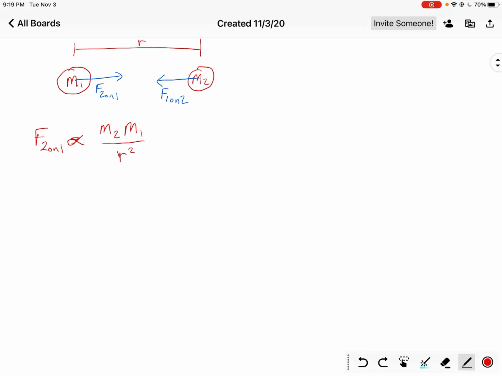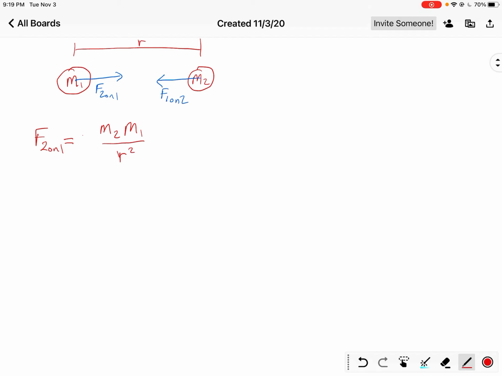Now that's just the proportional relationship. So if I wanted to make a statement, however, about what the size of the force is, I need to actually set the size of the force to some value. If I want it to be equal to something, I have to know what the proportionality is.